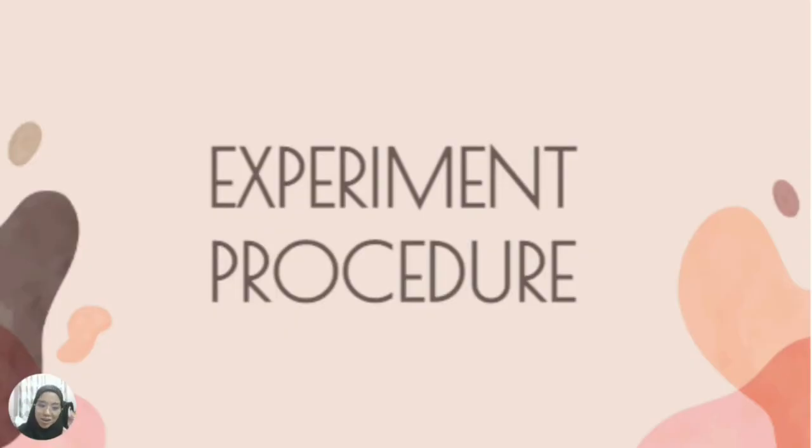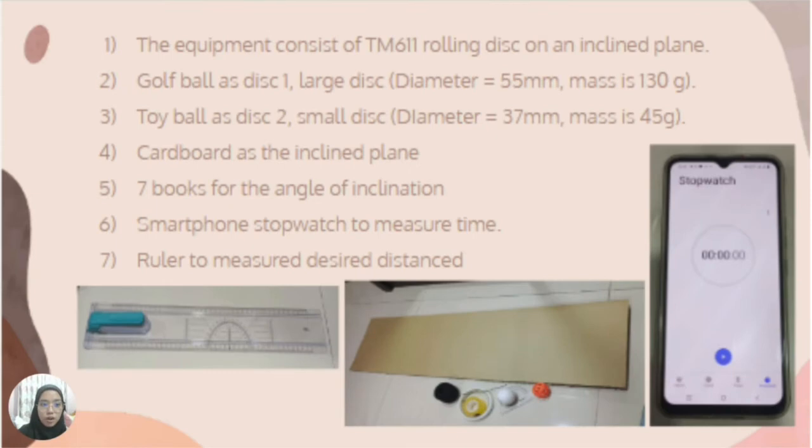Hi, my name is Auni Alamiti Zulkifli. My matrix number is MH19024. Today I would like to share the experiment procedure for Lab 9. The equipment consists of the TM611 rolling disc on an inclined plane, which is for test 1. I will use a golf ball as disc 1, representing the large disc, with diameter 55mm and mass 130 grams.